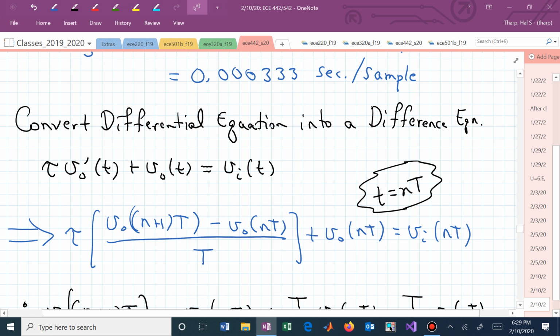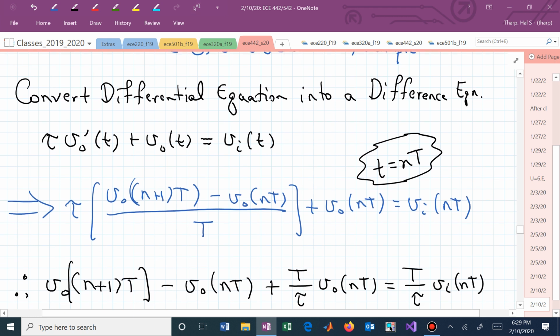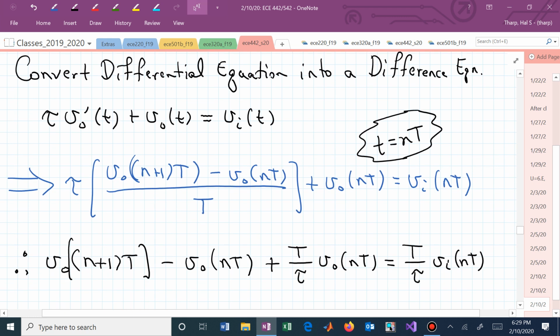Meaning we're now saying the delta V naught is the V naught at time n plus 1 capital T minus V naught at time nT. We can multiply and divide by T over tau, and that gets rid of the capital T in the denominator, and we can now start to combine common terms.